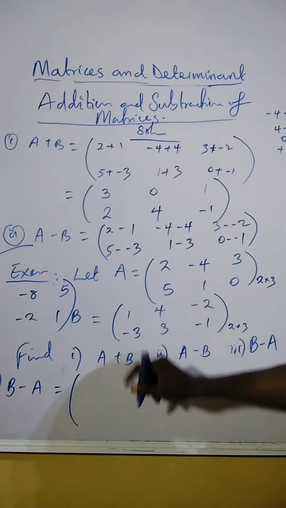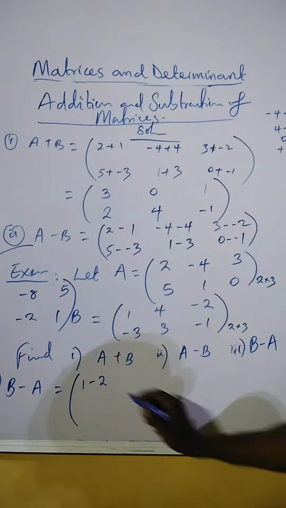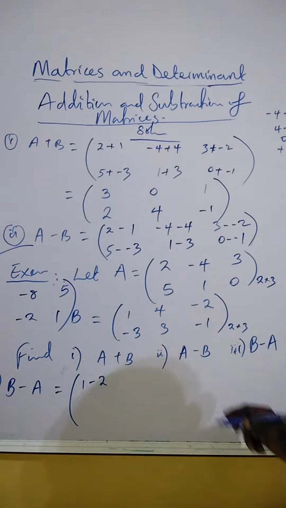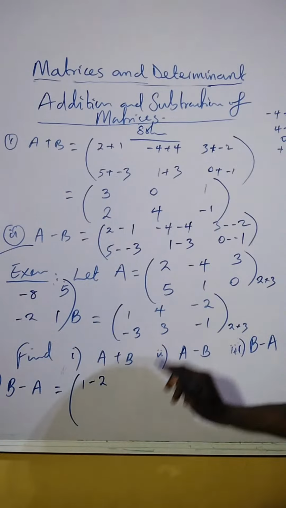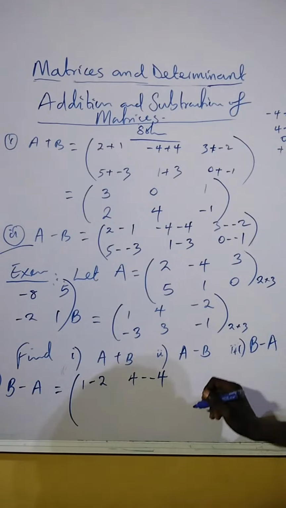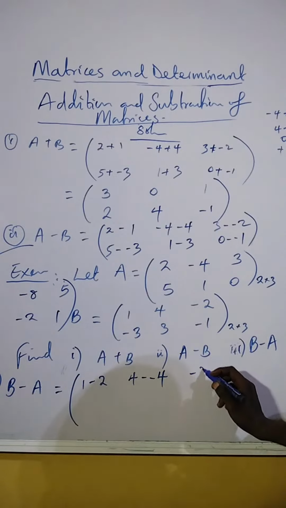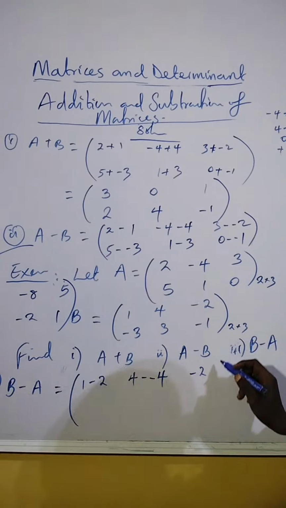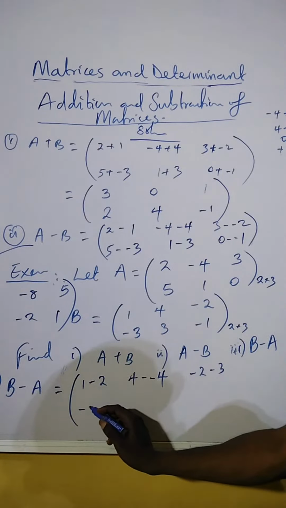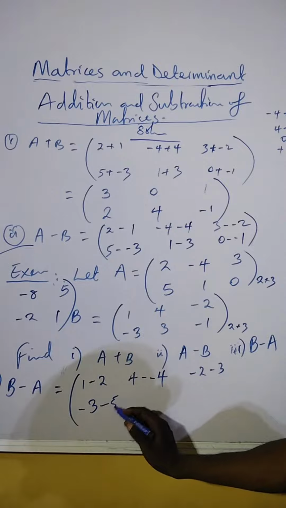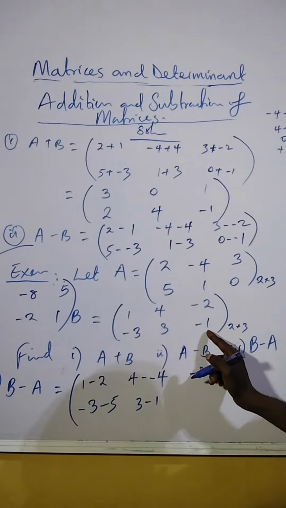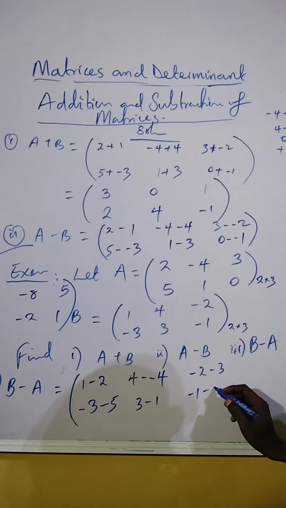That means 1 minus 2, 4 minus minus 4, minus 2 minus 3, minus 3 minus 5, 3 minus 1, minus 1 minus 0.